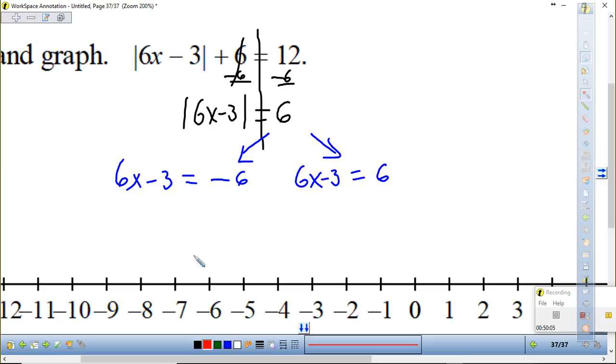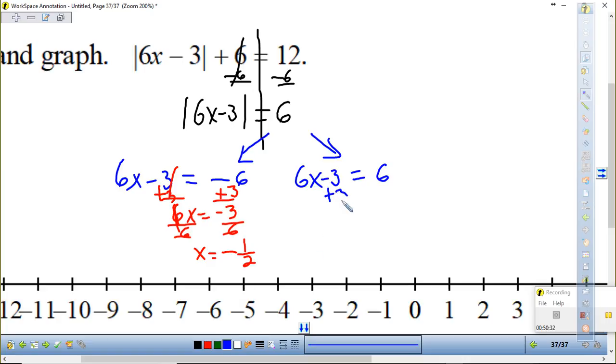Let's solve. Plus 3 plus 3. We have 6x equals negative 3. Divide by 6, divide by 6. X equals what? Negative 1/2. That is correct. Oh, wait, I'll do the other one.